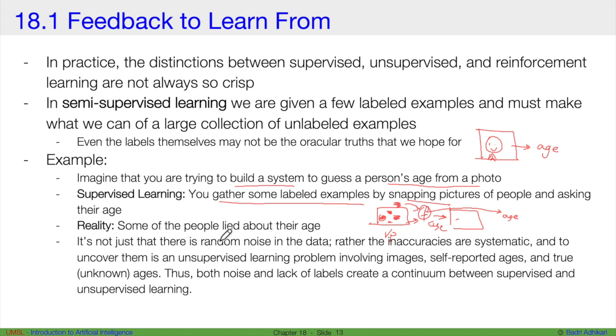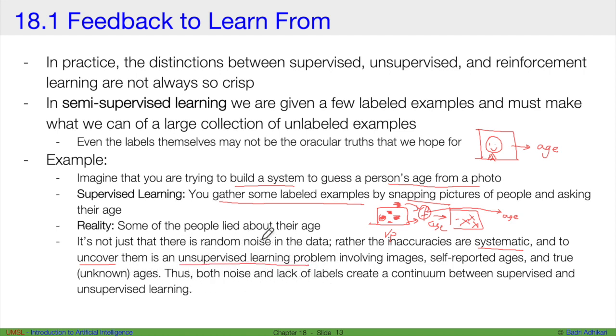In reality, what happens is some people can lie about their age. So some of these ages that you have are incorrect, right? Now, it's not that this is random noise in the data. There's some pattern. In other words, there are inaccuracies which are systematic. And to uncover them, we can use unsupervised learning.